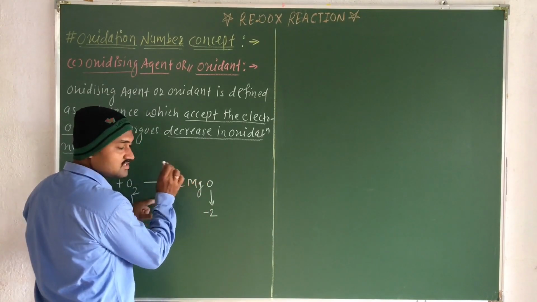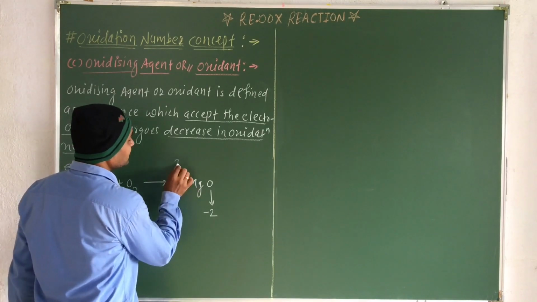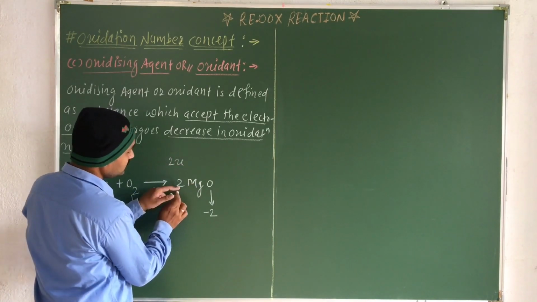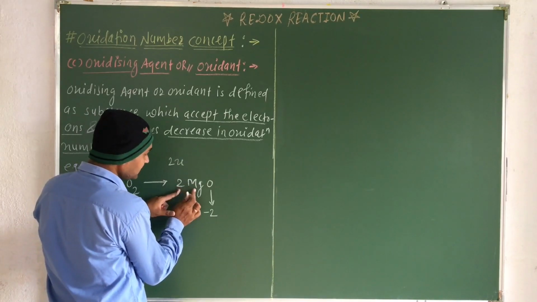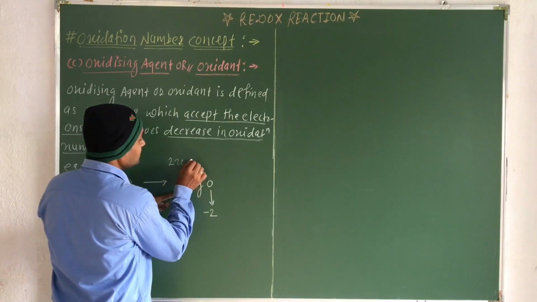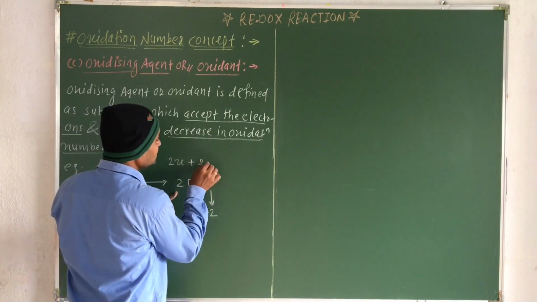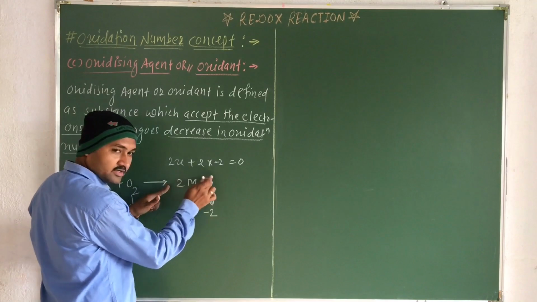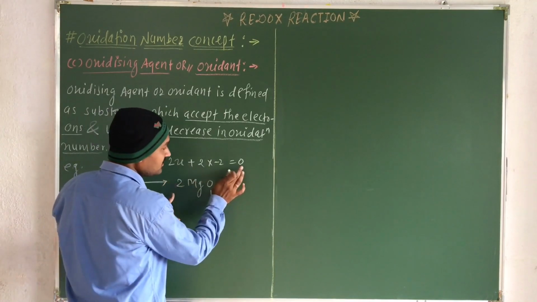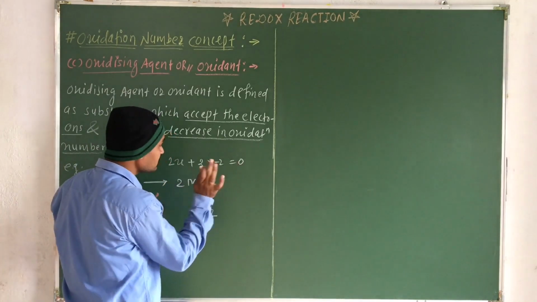So I will simply write the equation: 2X, 2 for 2 magnesium atoms, plus 2 into -2, and as it is a neutral molecule, it does not have a minus charge, therefore it equals 0.